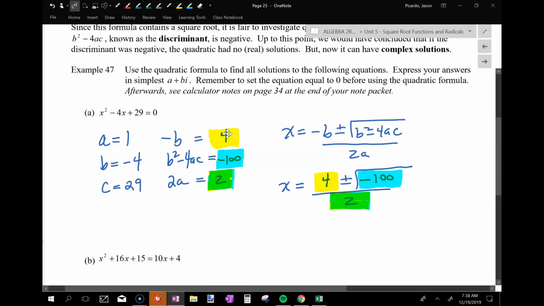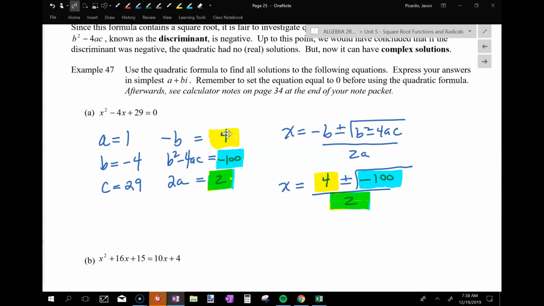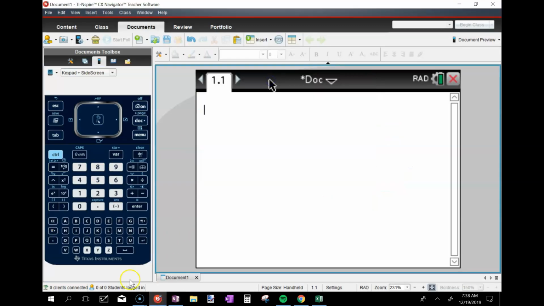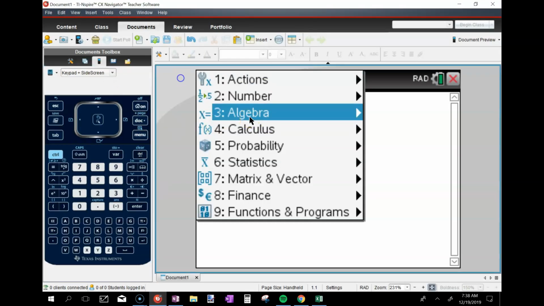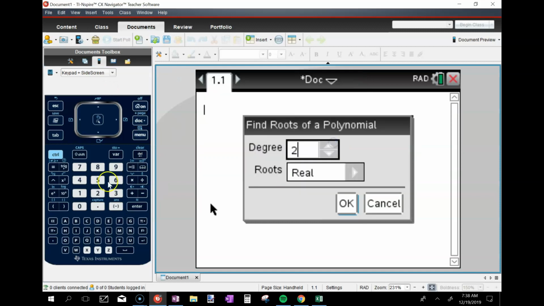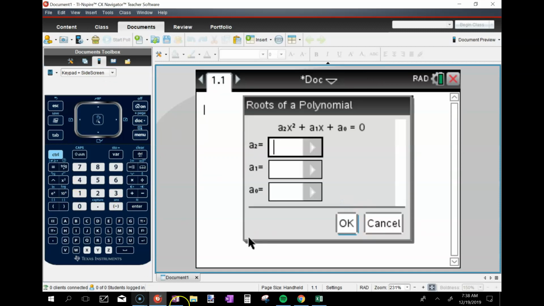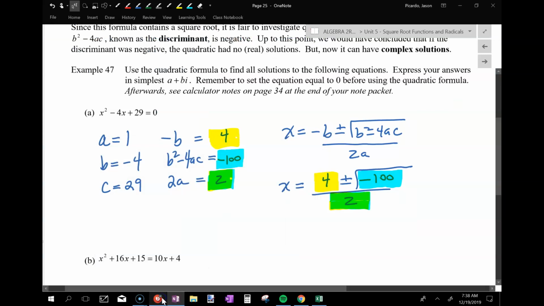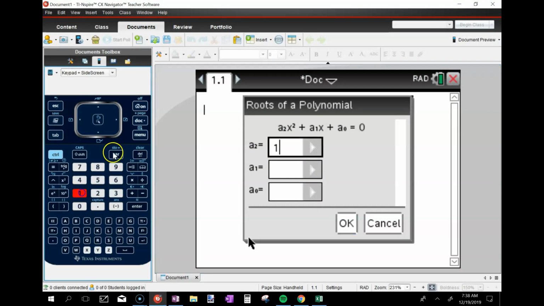Again, the answer to this should be automatic every single time. Polyroot it, right? Polyroot. Should be automatic. So if we were to polyroot it, what do I have? I have 1, -4, and 29.